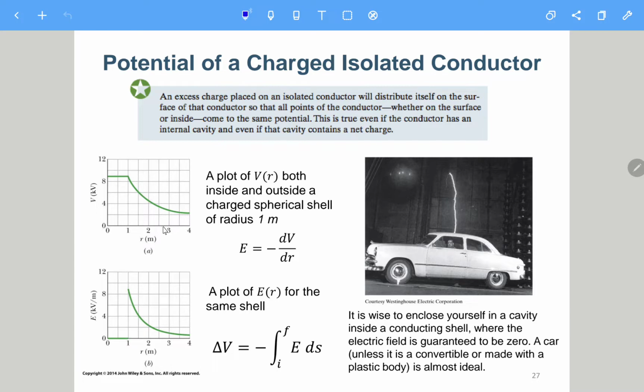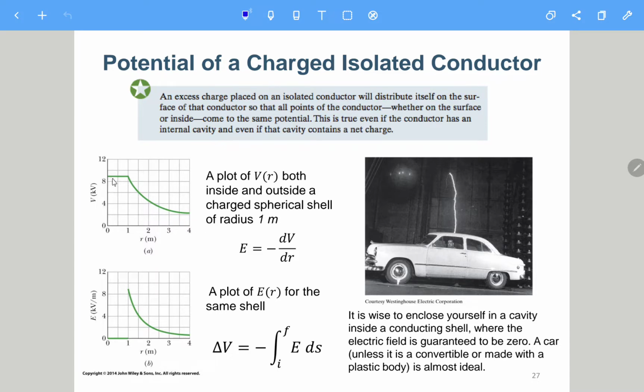Usually for infinitely far away we define the electric potential to be zero, but that may not be the case here. It is just a reference voltage, which is not so important.